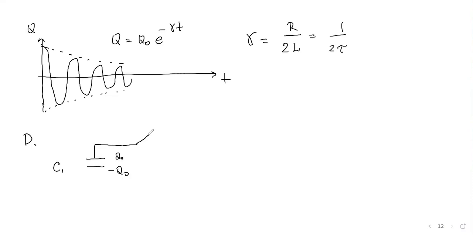Then you have a switch, and you have another capacitor, C2, and the initial charge is 0. So you don't have any charge here.